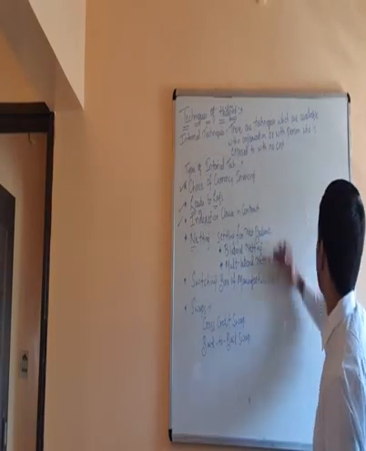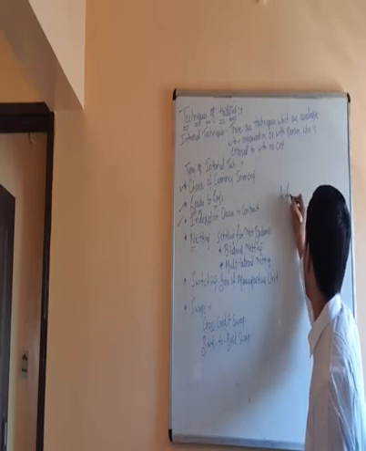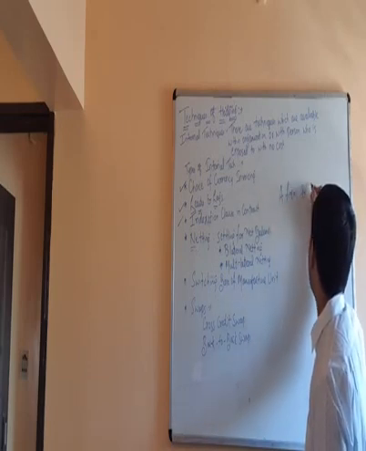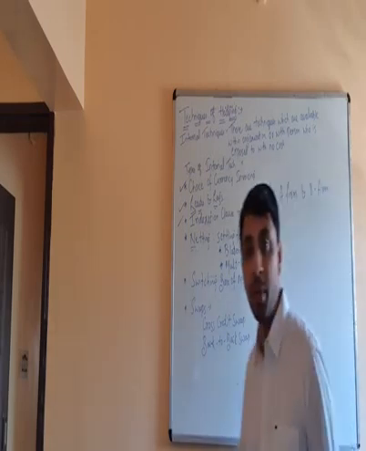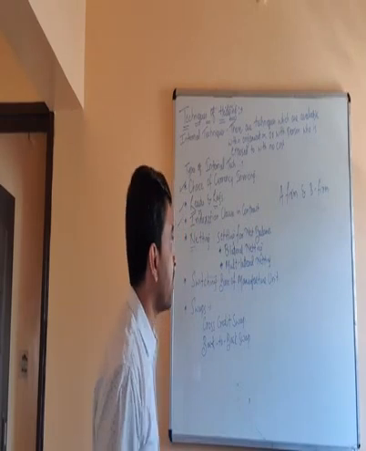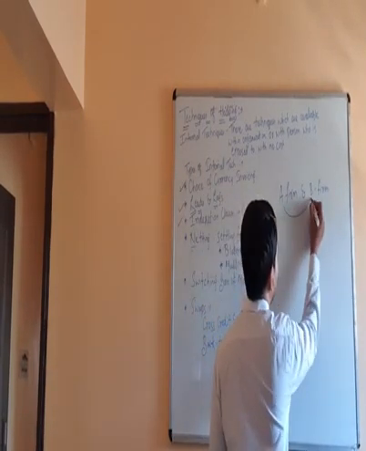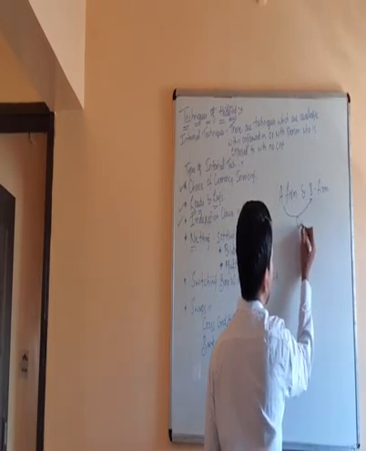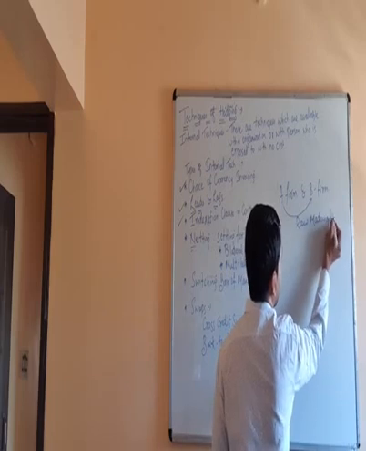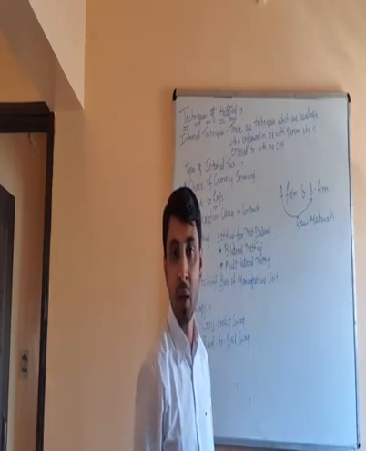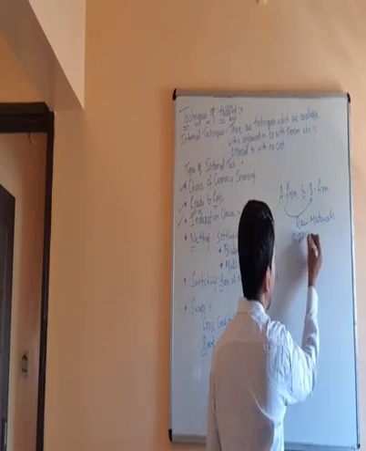Firm A and firm B. Firm A supplies raw materials to firm B. The value of the raw materials is worth rupees 10 lakh.